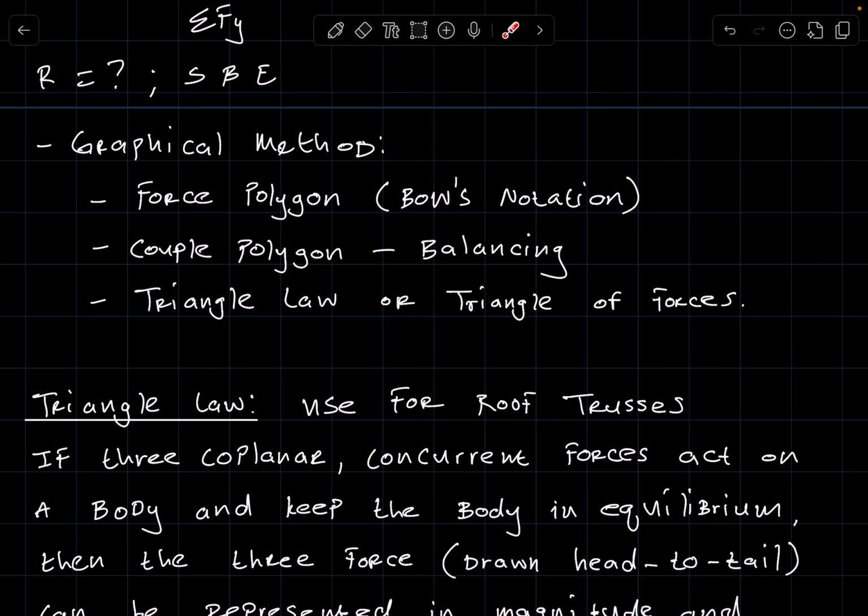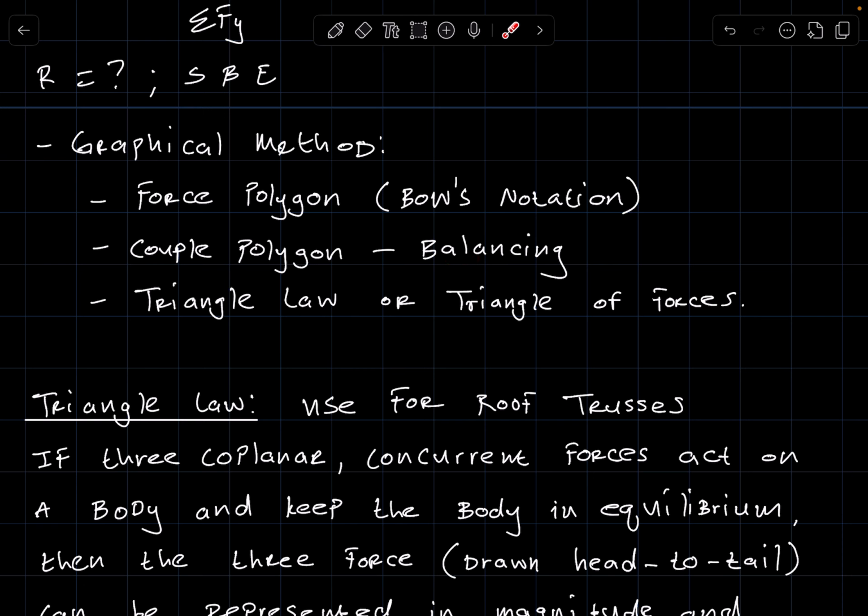We'll discuss how that would look graphically. But the term triangle means 3 forces acting in the system, so if there are 3 forces in the system, we can use the triangle of forces.